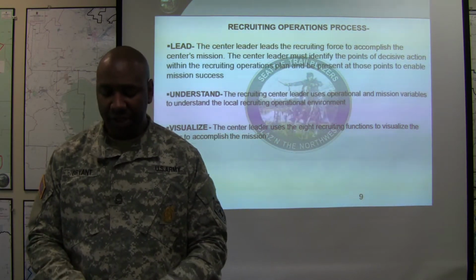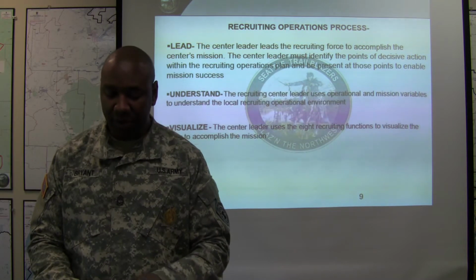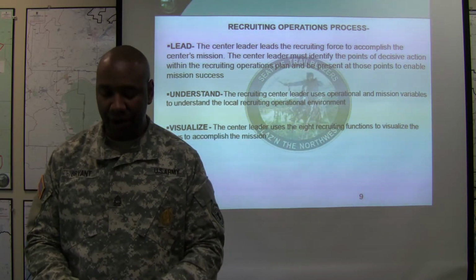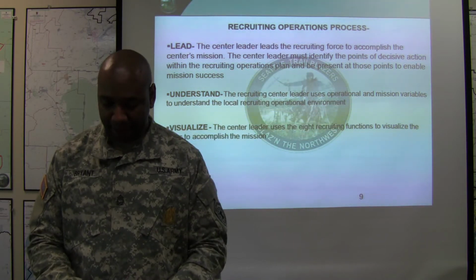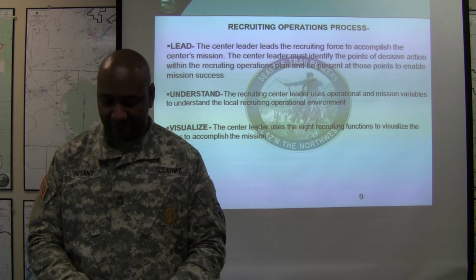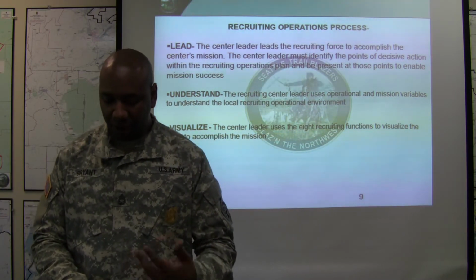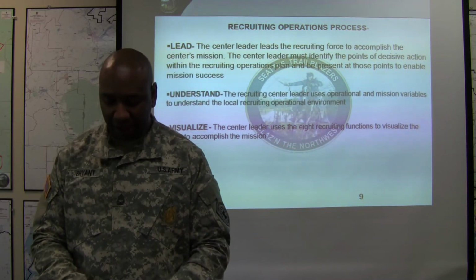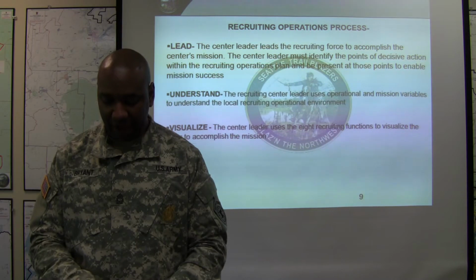Now, when we talk about understand, the recruiting center leader uses operational and mission variables to understand the local recruiting environment. PMESII-PT and METT-TC basically are the framework to understand and evaluate the local recruiting environment and to understand the demographic makeup of the area of operation.